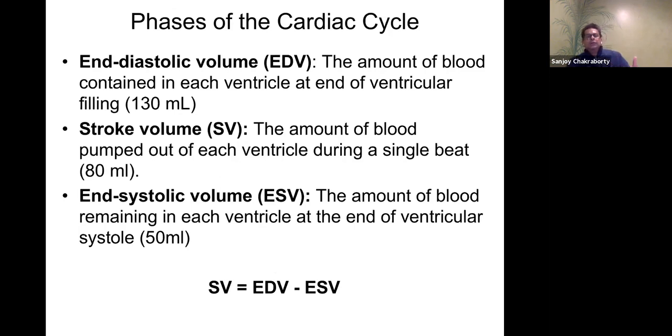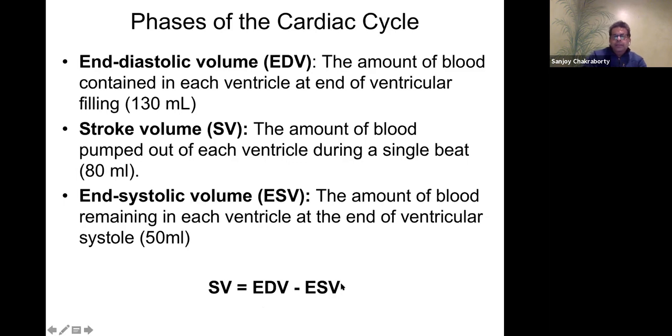So the next question is, what are the factors controlling EDV and what are the factors controlling ESV? Later on, you could go through the slide. EDV is controlled mainly by two factors, although there are other interrelated ones. One is called venous return, like how much blood the veins are returning. And the other one is called preload, basically the same thing, how much preload there is.